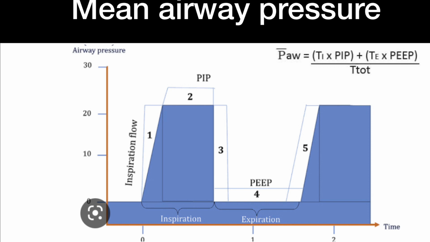The second one is PIP, but increasing PIP has more chances of barotrauma because the pressures may be more than what is required. Then the other option is to increase the I time, keeping the total time for both inspiration and expiration constant.